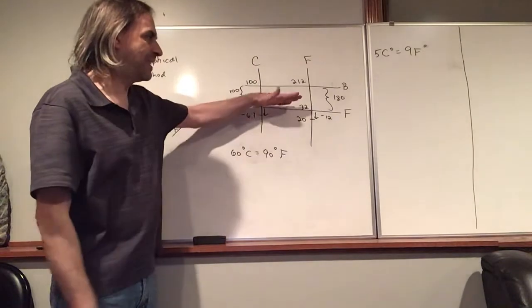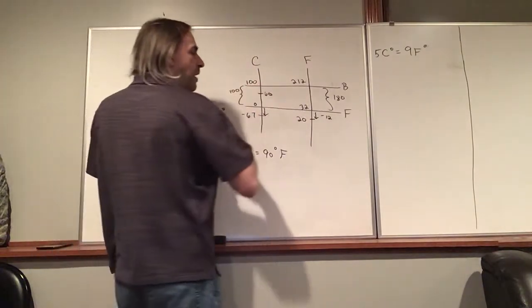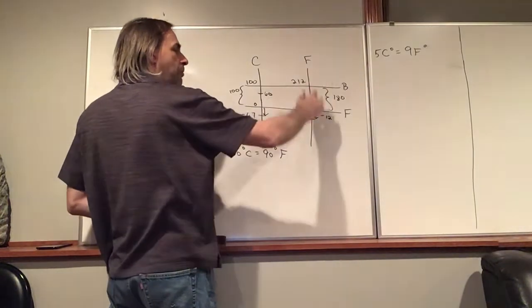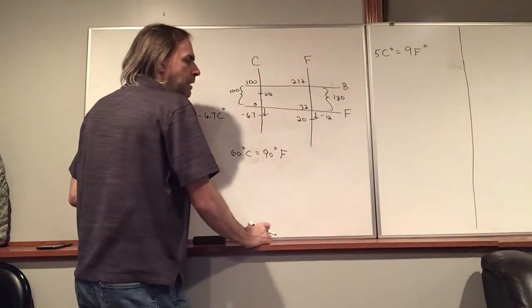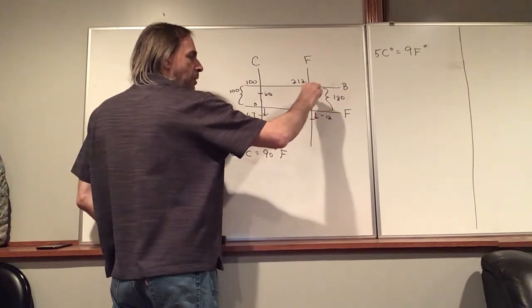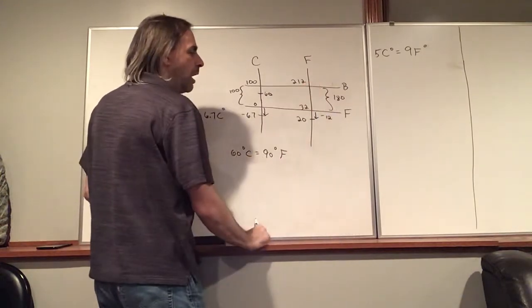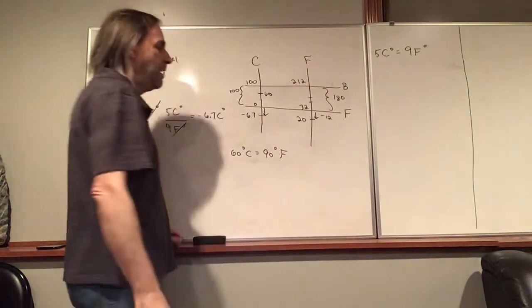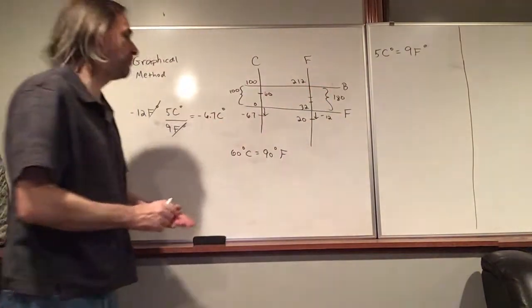If you look on this scale, 90 degrees Fahrenheit, going from here to here, that's 180 degrees. So if we go in the middle, that would be 100 and something. So yeah, we can just tell they don't line up.